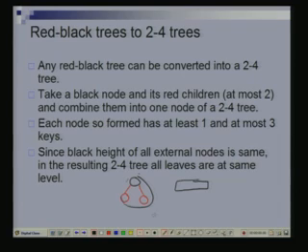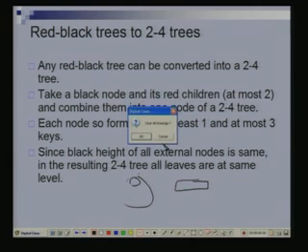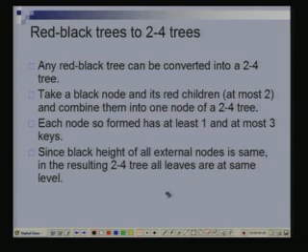So this one node will have 3 keys. Suppose it had only one red child, then there would be 2 keys in here, and if it had no red child, then there will be only one key here. So each node so formed has at least 1 and at most 3 keys.